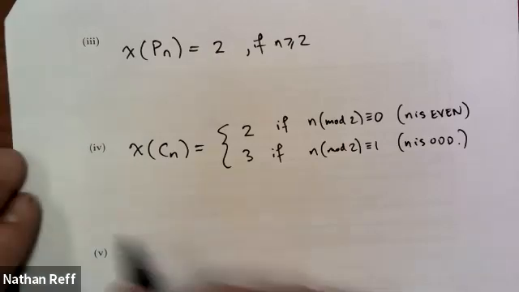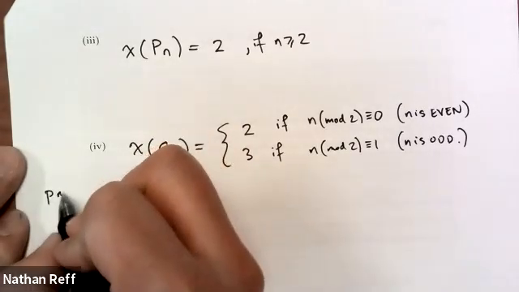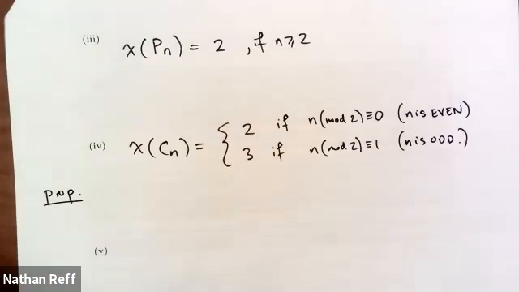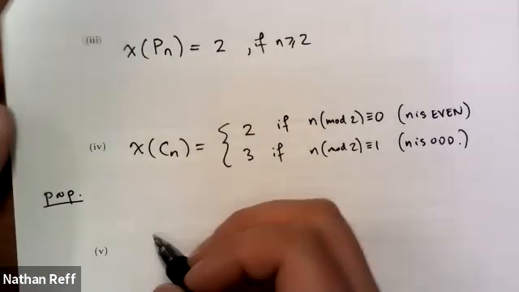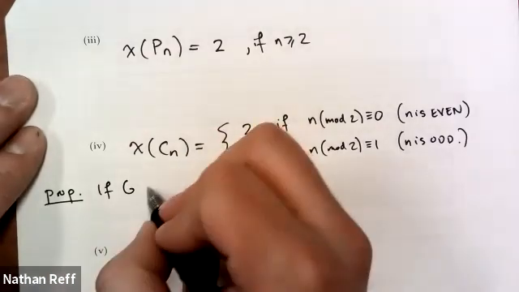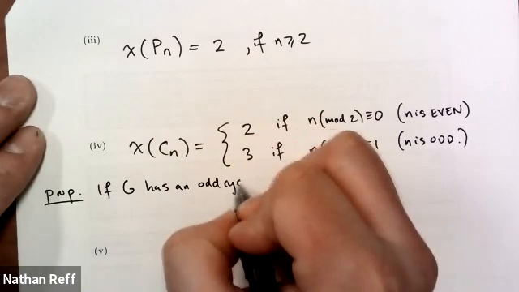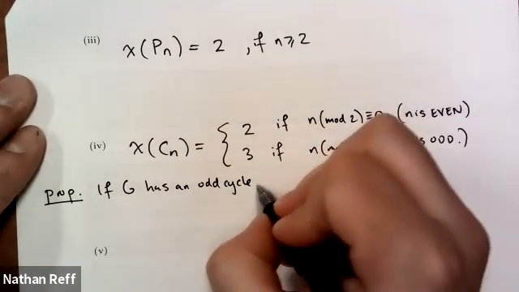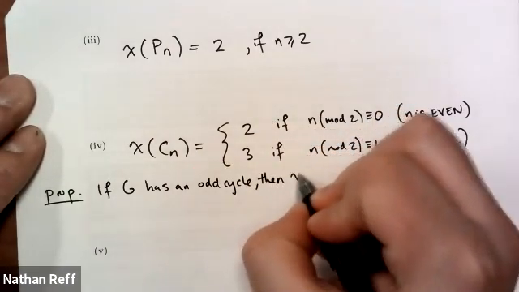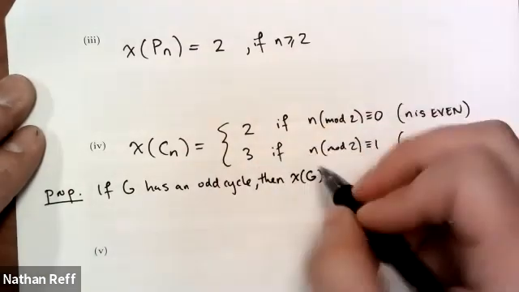In fact, we can actually add a proposition here. Proposition: if the graph G has an odd cycle, then the chromatic number for G has to be at least 3.